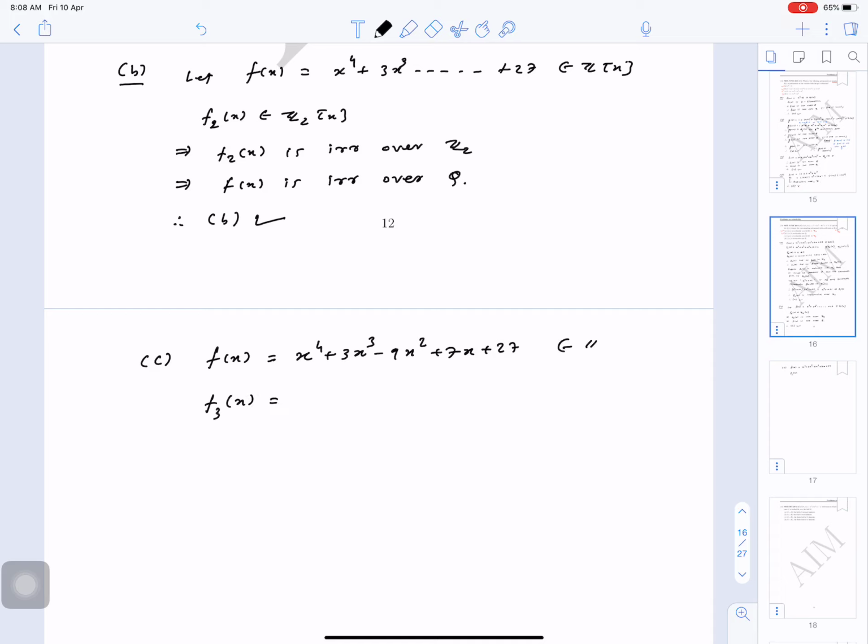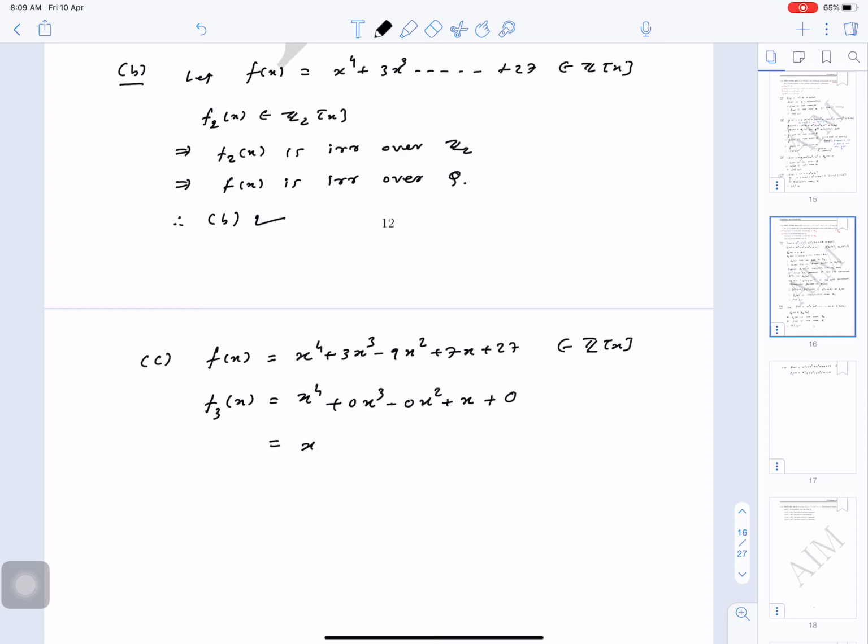This is in Z[x]. So f3 will be x raised to 4. Now 3 is 0, 9 is 0, 7 in Z3 is x, and 27 is 0.